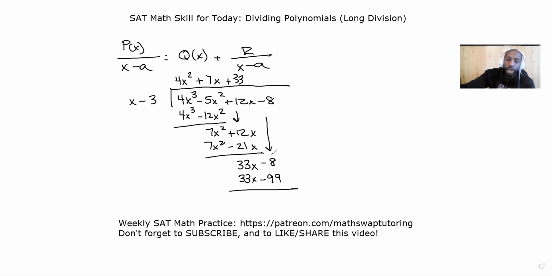These cancel. Negative 8 minus negative 99 is negative 8 plus 99, which is just 91. So the final answer is 4x squared plus 7x plus 33 plus your remainder over your divisor.